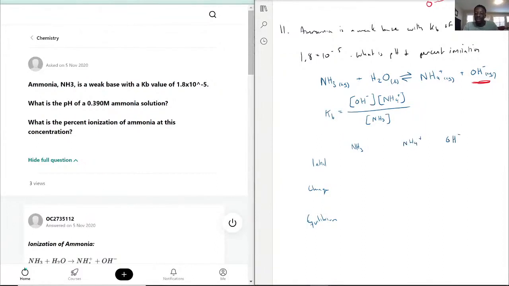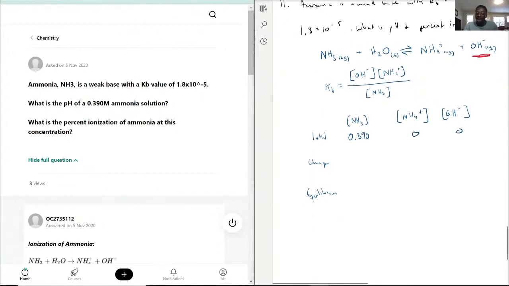For the initial, think of it as we just put straight up ammonia. As they said in this question, it's 0.0390 moles, so we have 0.0390 in terms of concentration, moles per liter. And because we put that there, we start with 0 for these two.